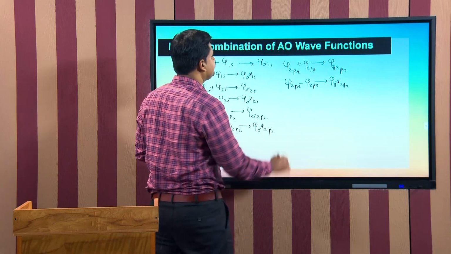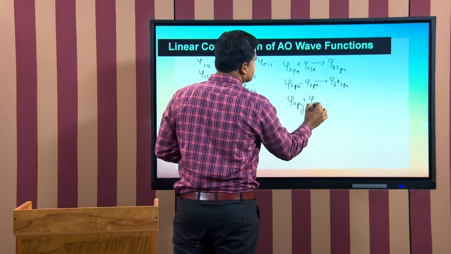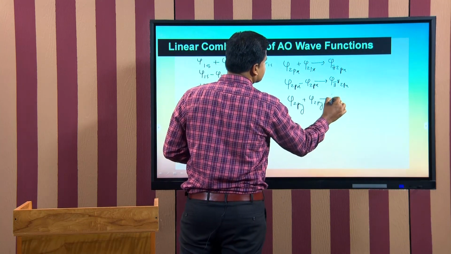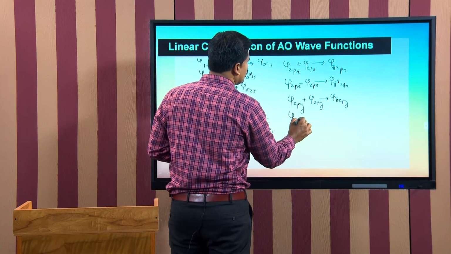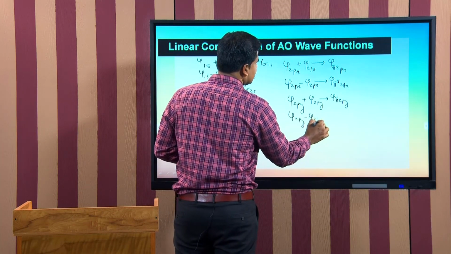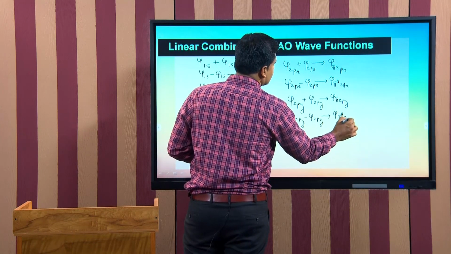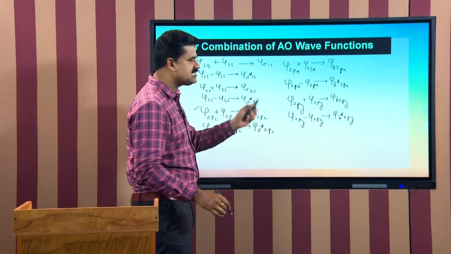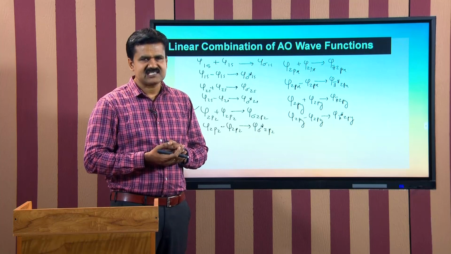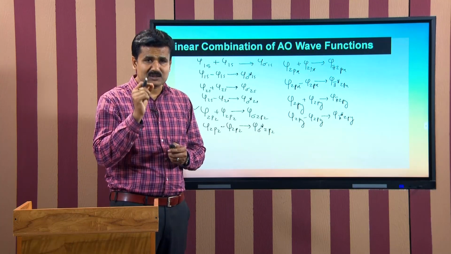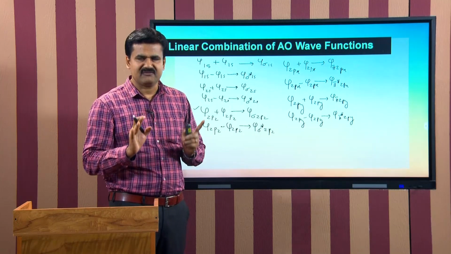Finally psi of 2py plus psi of 2py gives psi of pi 2py, and psi of 2py minus psi of 2py gives psi of pi star 2py. These are 10 molecular orbital wave functions which are produced through the linear combination of atomic orbital wave functions.